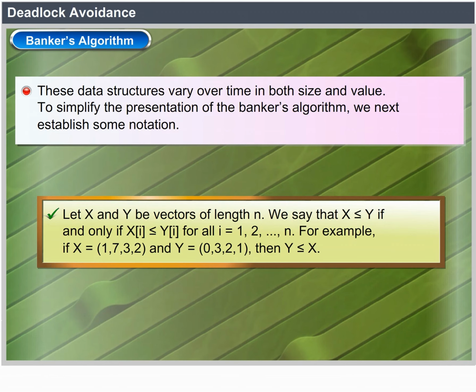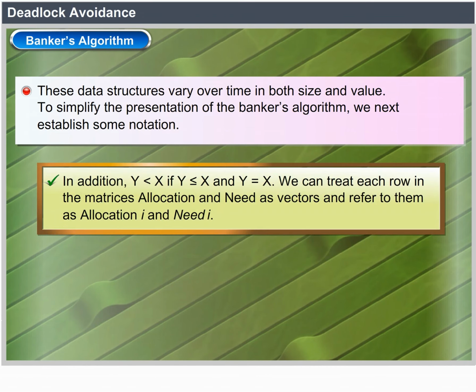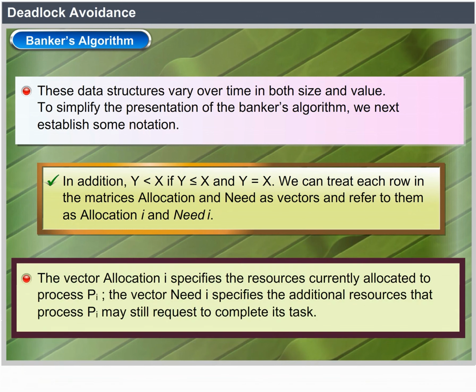In addition, y is less than x if y is less than or equal to x and y is not equal to x. We can treat each row in the matrices Allocation and Need as vectors and refer to them as Allocation i and Need i. The vector Allocation i specifies the resources currently allocated to process Pi. The vector Need i specifies the additional resources that process Pi may still request to complete its task.